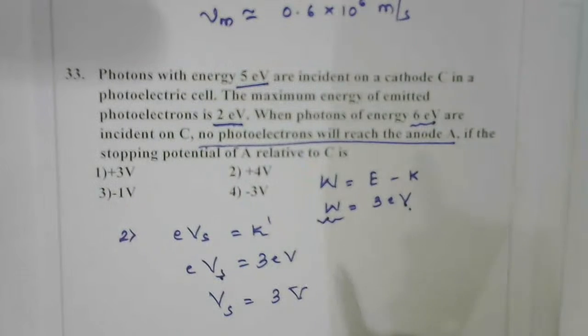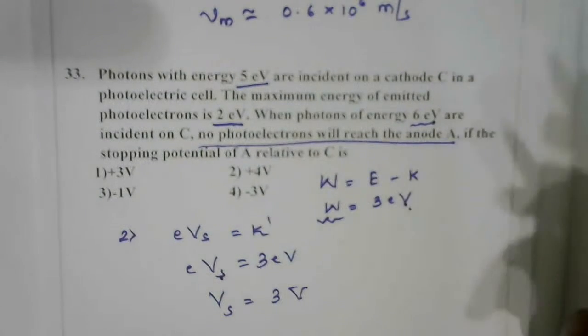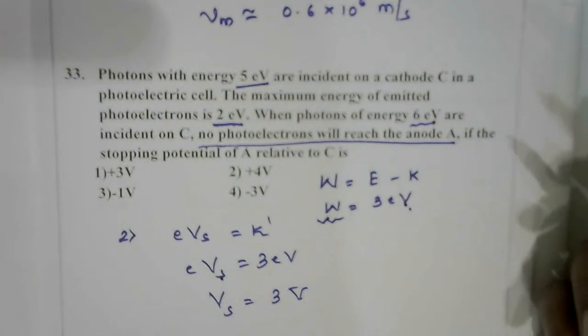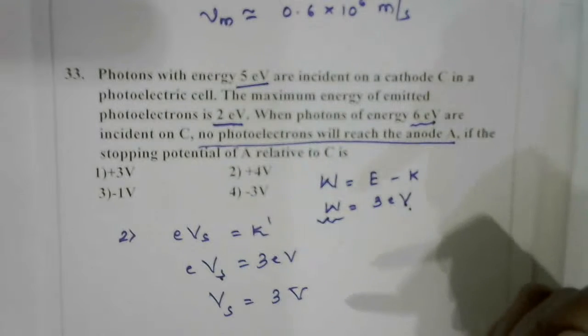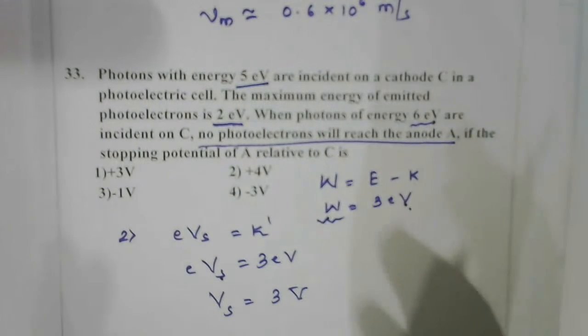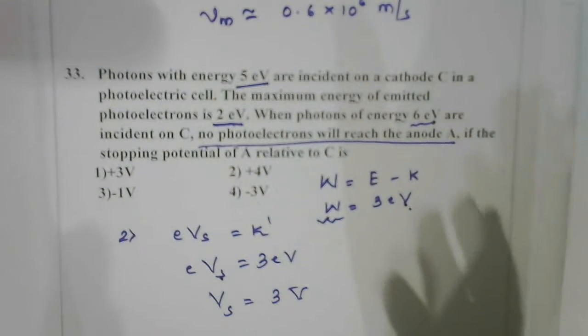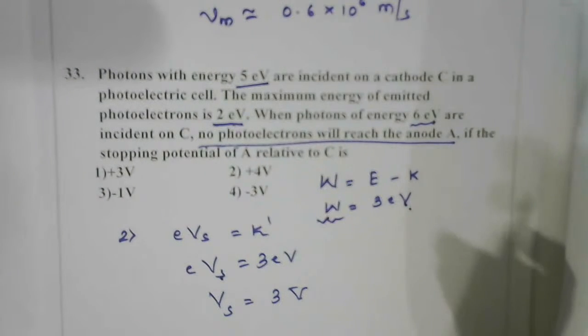If they ask only for the stopping potential, or how much potential difference is required to be applied, then you go with the positive value, because we want only the magnitude. Even yesterday, in one of the questions, I was telling you.